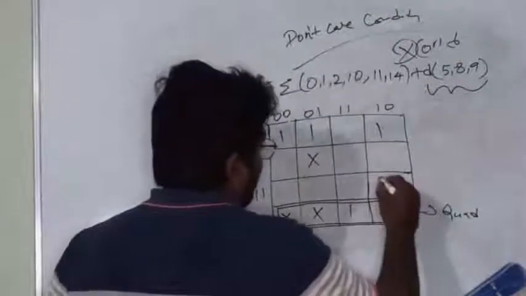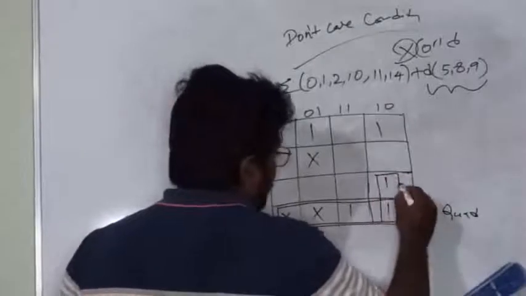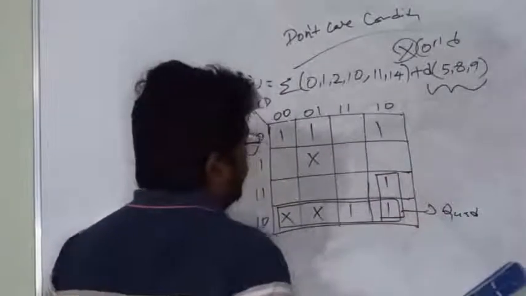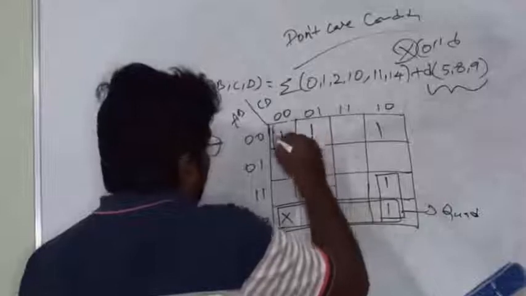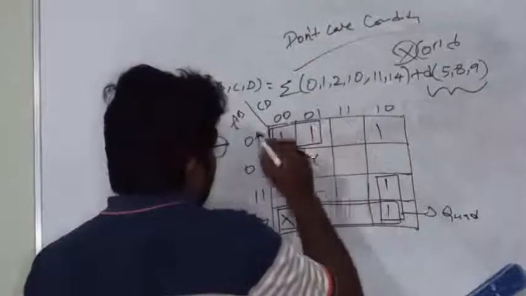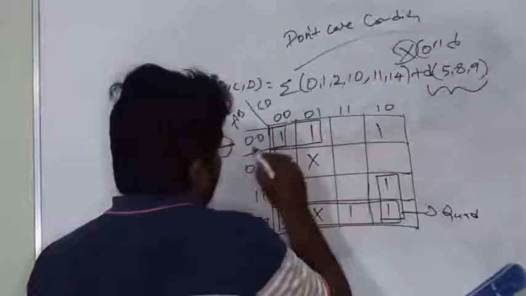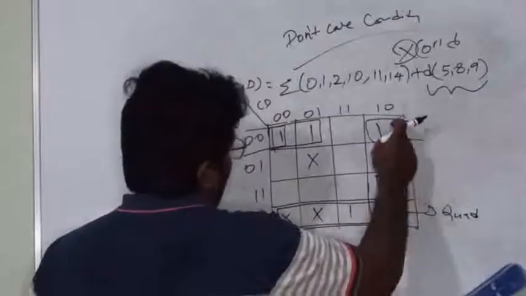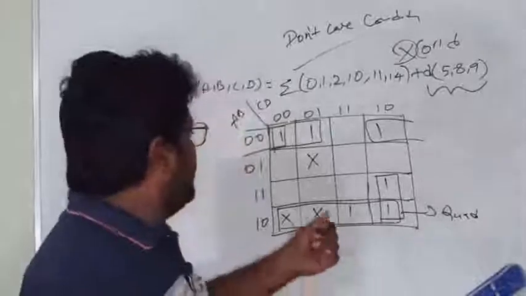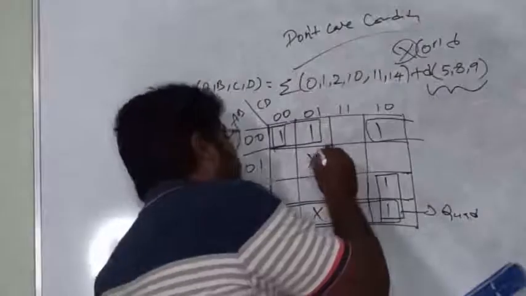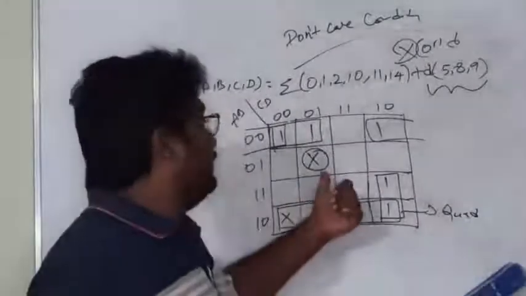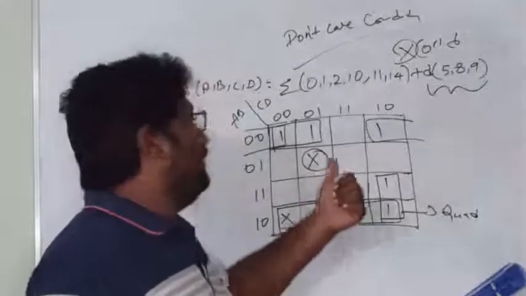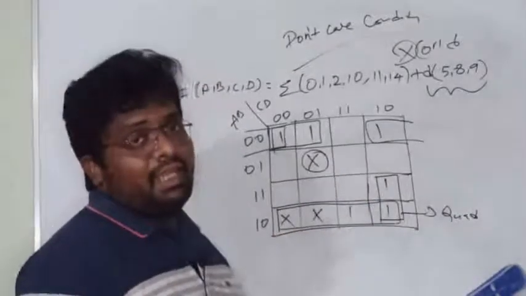Next we can pair these two values, then these two, and we can also use these two. This one is left out, so we are not going to involve this X value in our minimized expression.